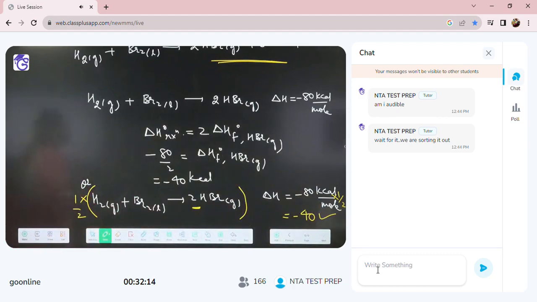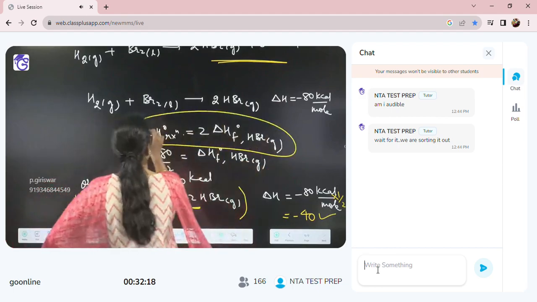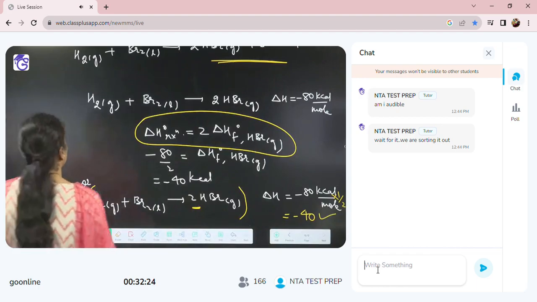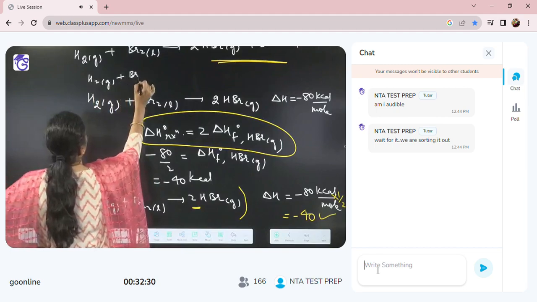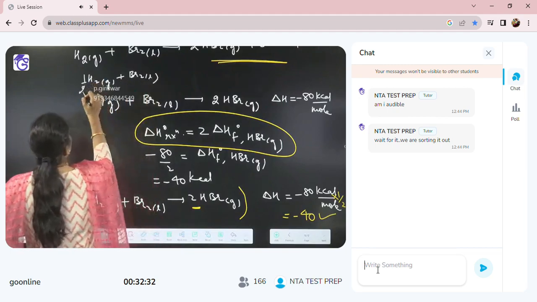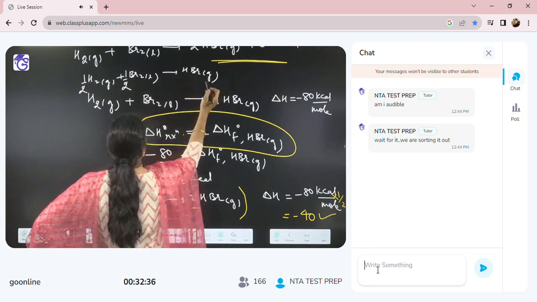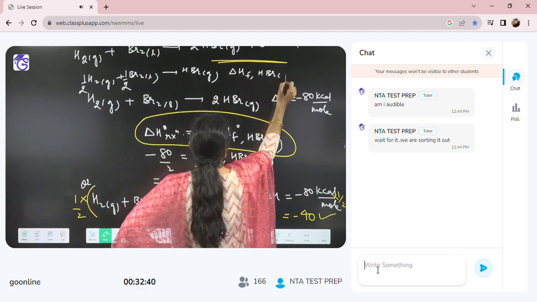Either way you can go, you should understand. I have purposely written it like this because sometimes they may ask you which of the following relations is correct, so you should be able to identify. This is the case: H2 gas plus Br2 liquid. For the formation, half of this, you are writing HBr in the gaseous form. So this is your enthalpy of formation reaction of HBr gas.